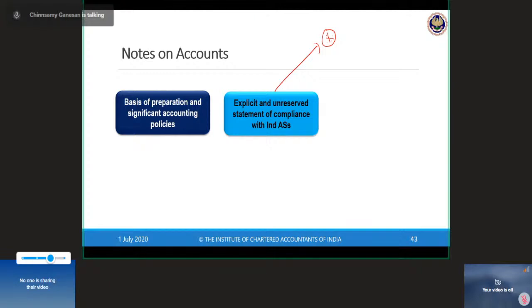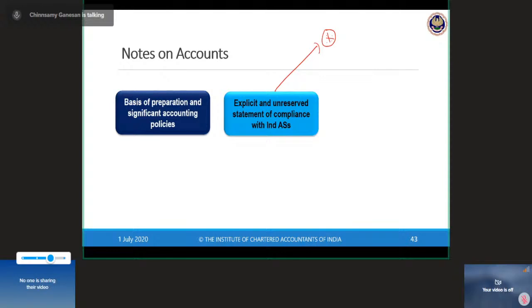So we are explicitly making a statement that we have complied with the Ind AS. And what is the other portion saying? All the applicable Ind AS has been complied with. That is an unreserved compliance with the Ind AS. In simple terms, I am saying all standards have been complied with. I am not having any reservation of excluding a standard. We have done it in full.